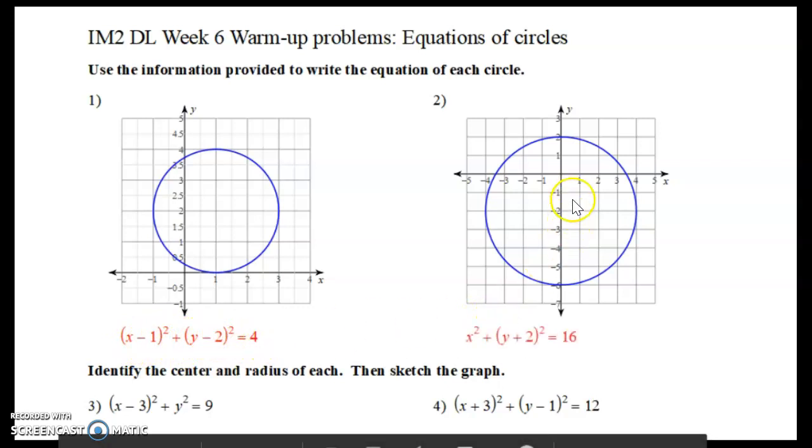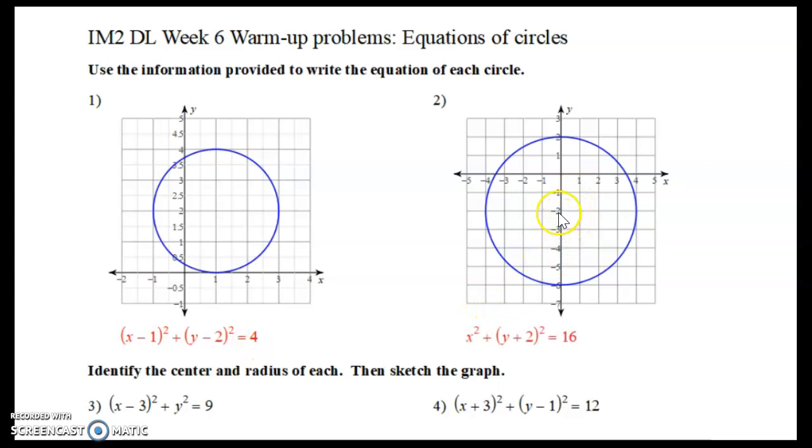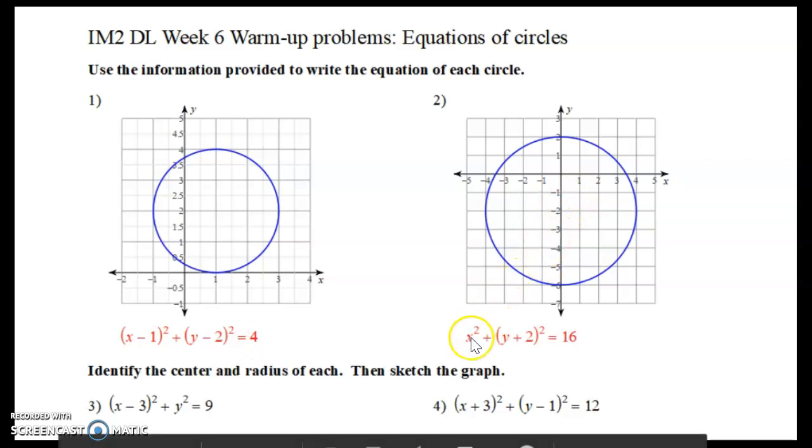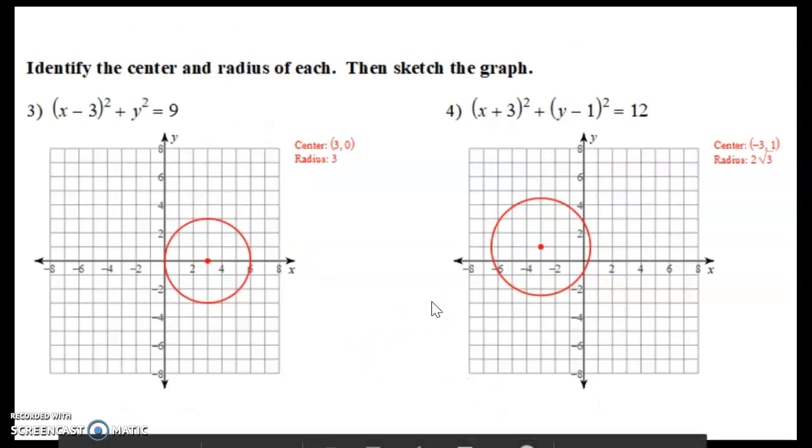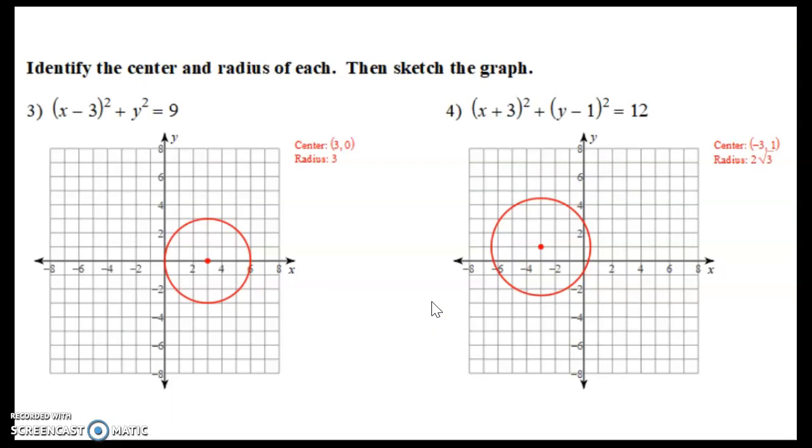Number 2, the center is (0, 2), so it's going to be x minus 0, which just becomes x squared, and y minus 2, which just becomes (y + 2)^2, equal to 16 because the radius is 4 units. Then we were supposed to identify center, radius, and then sketch the graph.